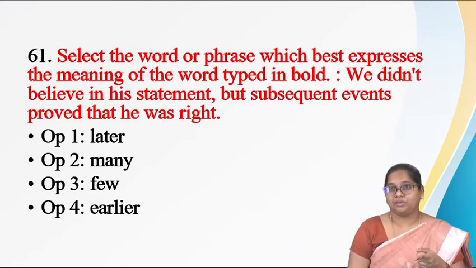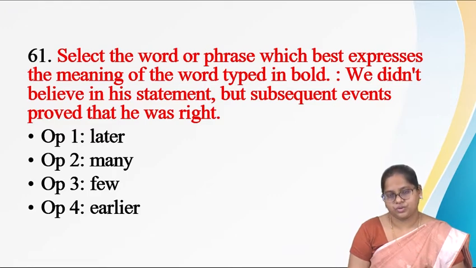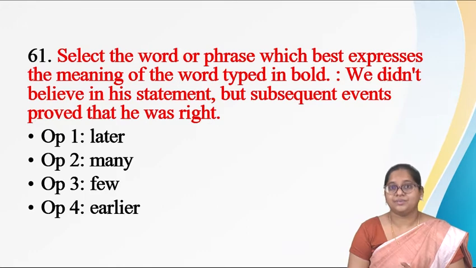If you can understand the meaning of the question, then you can highlight the word subsequent, because the options try to provide similar meanings to the question asked. So later, of course, subsequently, the latter part of it, or a later time. Subsequent events proved that he was right. Later, so that's the meaning.